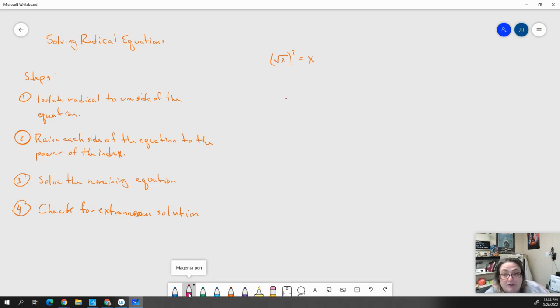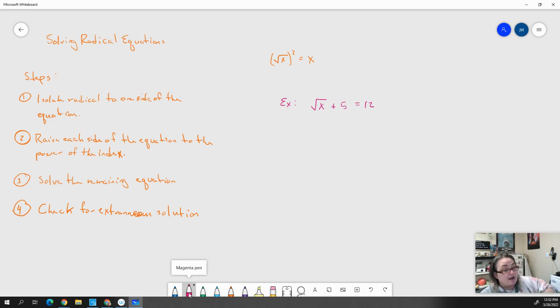So our first example is if I have the square root of x plus 5 equals 12. If we look at our first step, it says to isolate the radical to one side of the equation. That means the only thing we want on one side of the equal sign is this square root of x, right? Everything else needs to be on the other side.